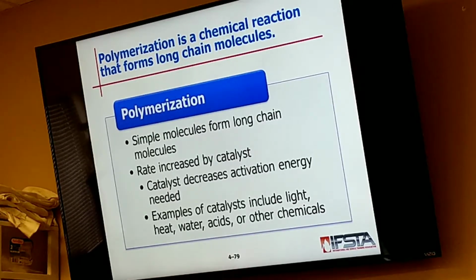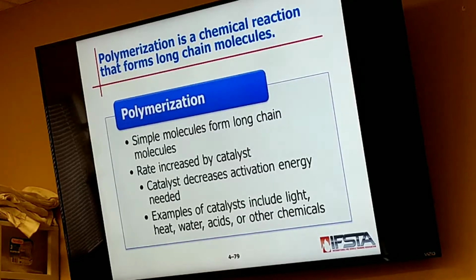And this just tells about polymerization. Simple molecules form long chains of molecules. The rate is increased by catalysts. Examples of catalysts: light, heat, water, acids, some of the other chemicals.